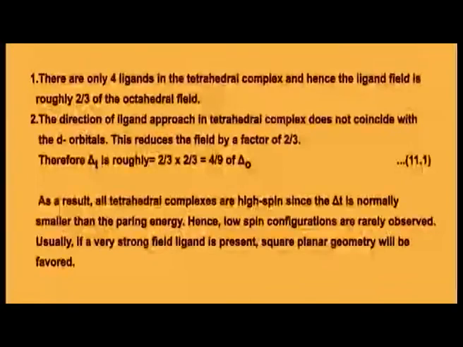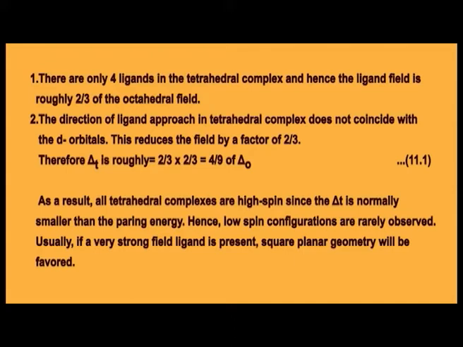There are only 4 ligands in the tetrahedral complex, and hence the ligand field is roughly 2/3 of the octahedral field. The direction of ligand approach in a tetrahedral complex does not coincide with the d orbitals. This reduces the field by the factor 2/3.